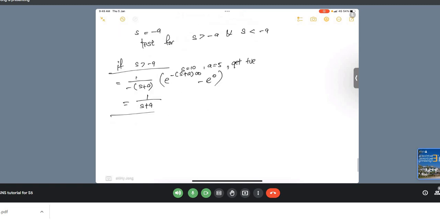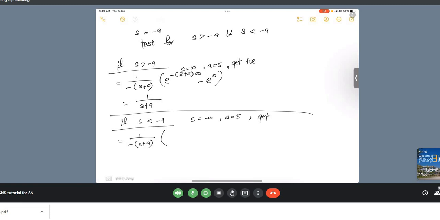Alright, what if s less than negative a? Let's say s is equal to negative 10, a equal to 5. What do you get? Negative, Doctor. Okay, s is negative 10, a is 5, so you get negative.